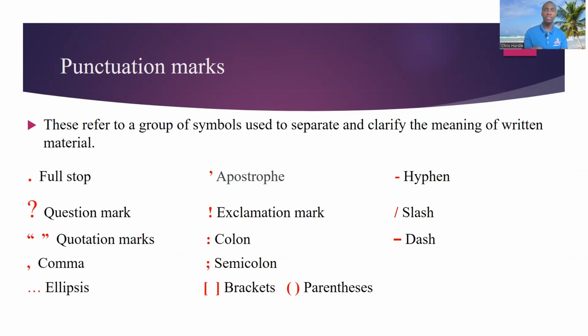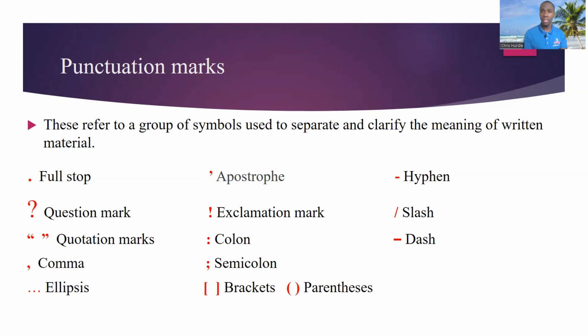But this will be transferred to speech because without punctuation marks, we are not going to know how to read material, right? Because sometimes we may need to pause, sometimes we may need to add some emotion, or we may even have to change our tone. So punctuation marks are very crucial to grammar, okay?